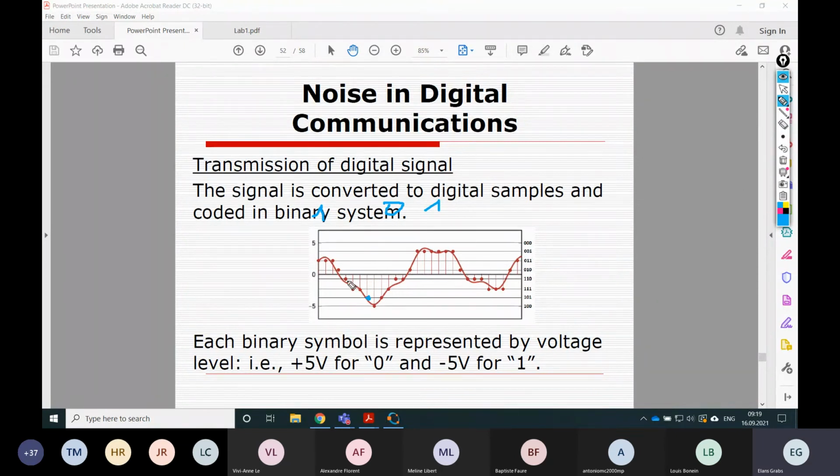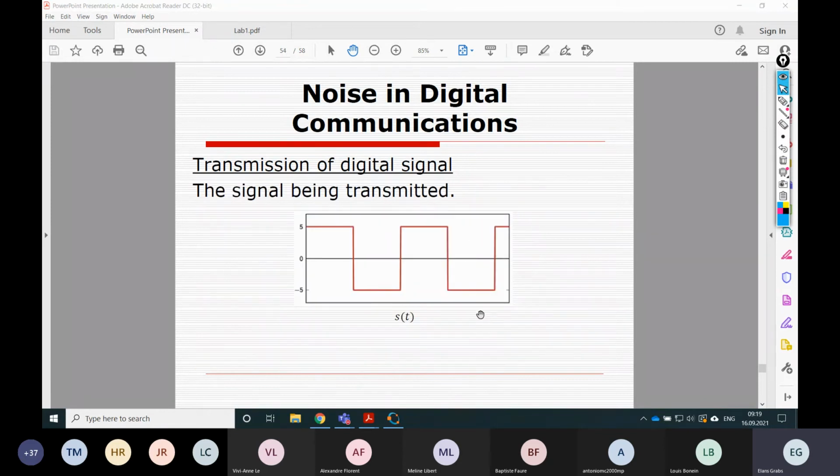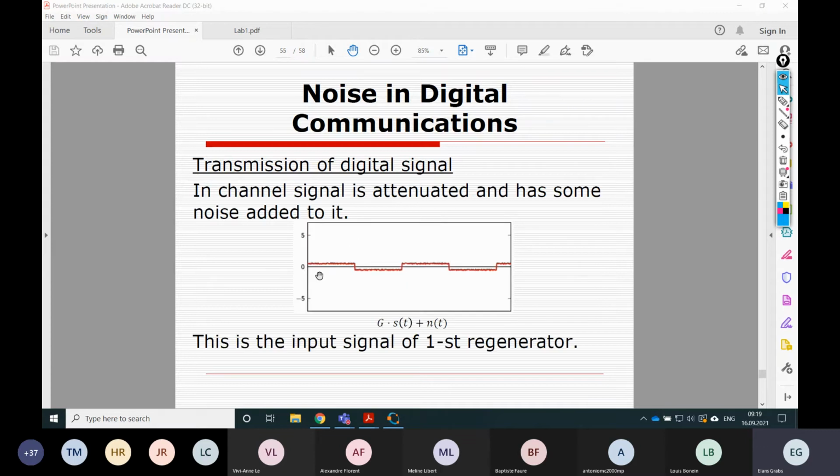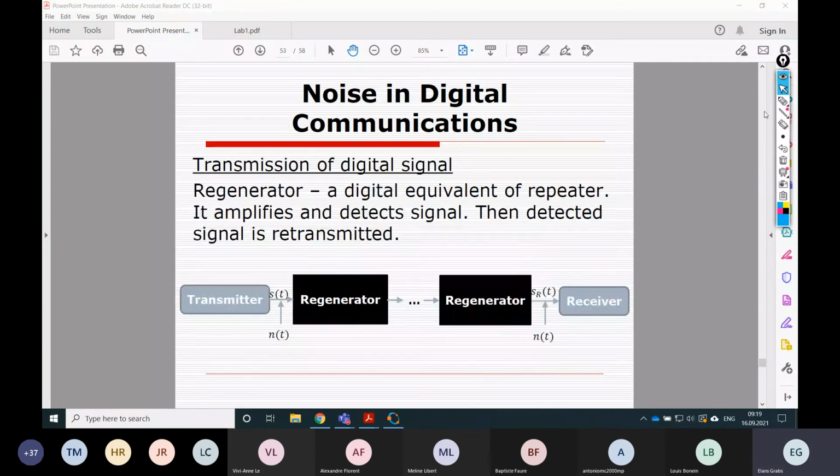So instead of these voltage levels, we'll send binary codes for each point, in the same time duration. And that will be our signal which we will be working with. Everything will happen the same. The signal gets attenuated, receives noise. We then get this signal at the input of the regenerator here.